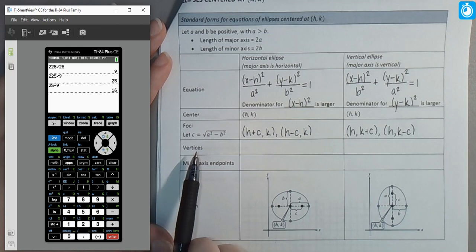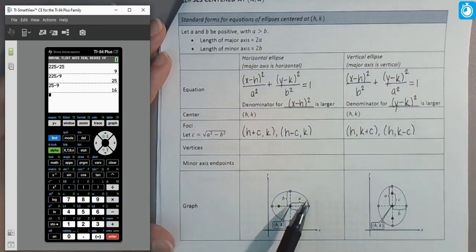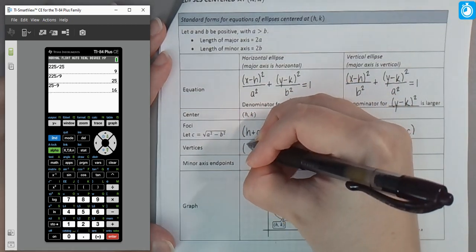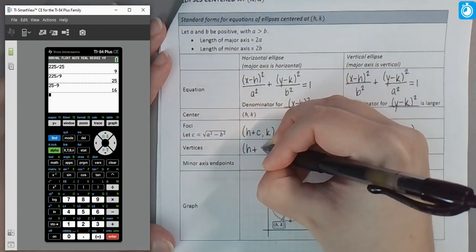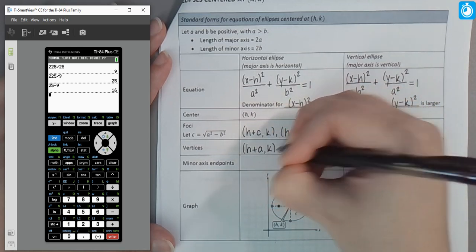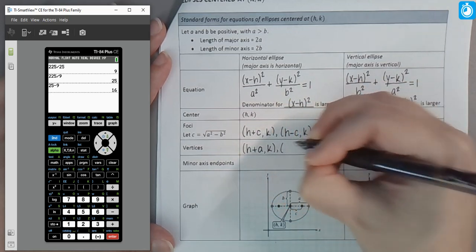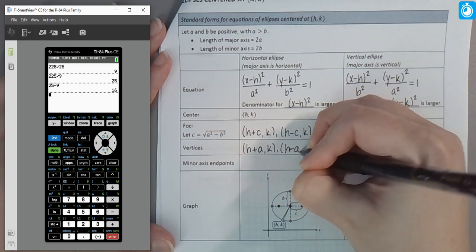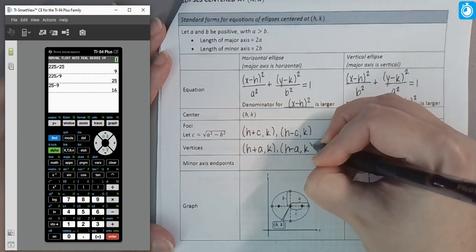Now the vertices are essentially found the same way. If we're looking at something that's horizontal major axis, that means the vertices are distributed horizontally away from the center by A units. So from our x-coordinate, we're adding on A units, keeping the y-coordinate constant, and then we're also subtracting A units, then keeping the y-coordinate constant.